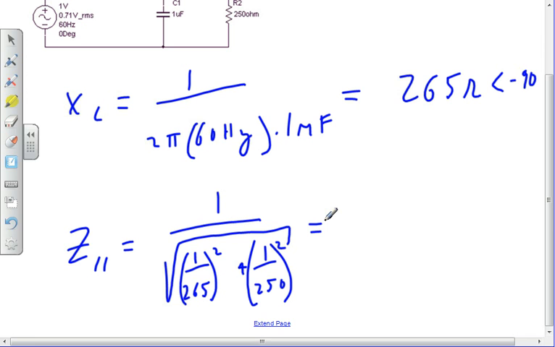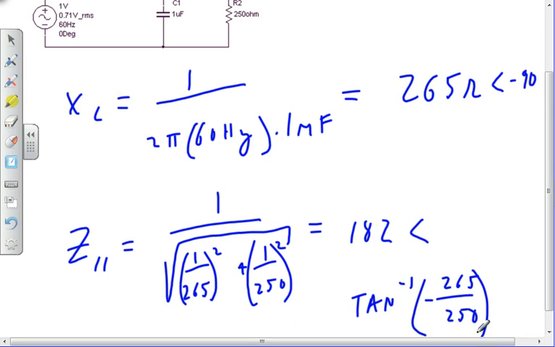So 1 over 265 squared plus 1 over 250 squared, square root, 1 over that equals 182. And we need an angle, so we need the arctangent of 265 over 250 with a minus sign in front of it. 265 divided by 250 with a minus sign, arctangent, minus 47 degrees.